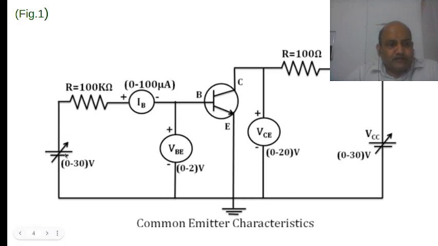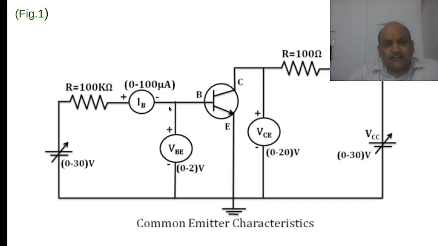Here you have connected a power supply that varies from 0 to 30 volt, and another component is the 100 kilo ohm resistance, which you connect at the input circuit, and an ammeter which varies from 0 to 100 microampere, and a voltmeter that can measure 0 to 2 volt.